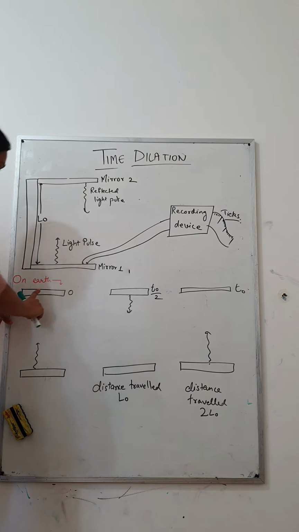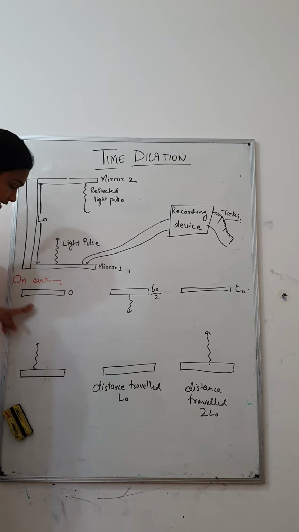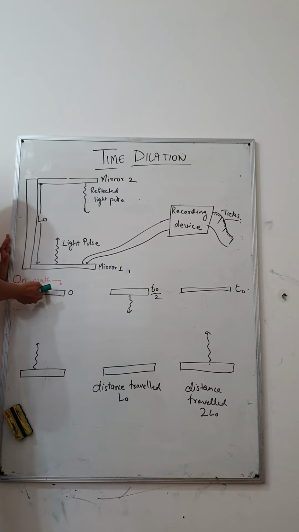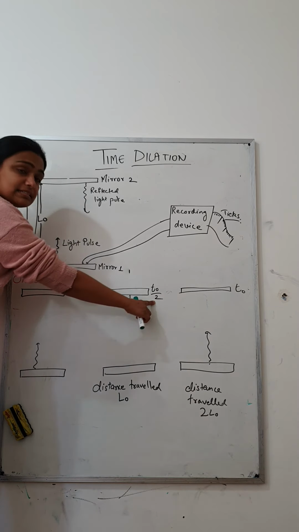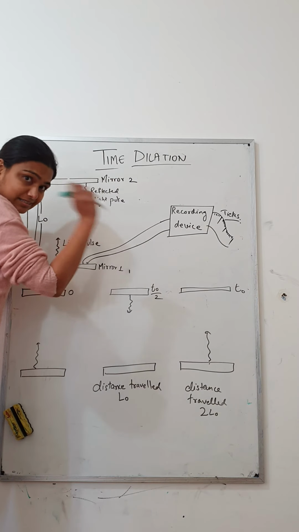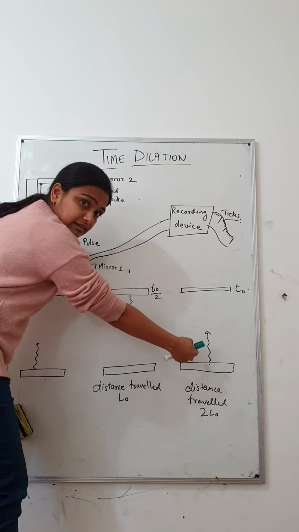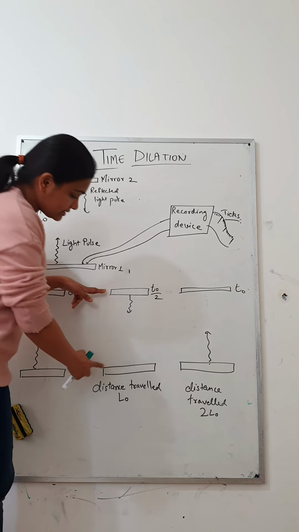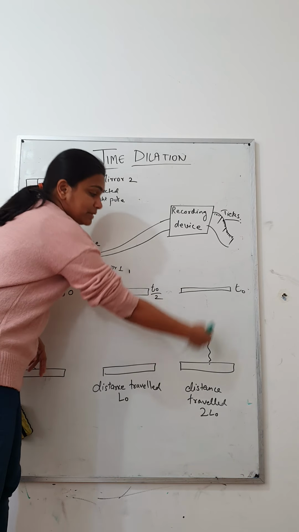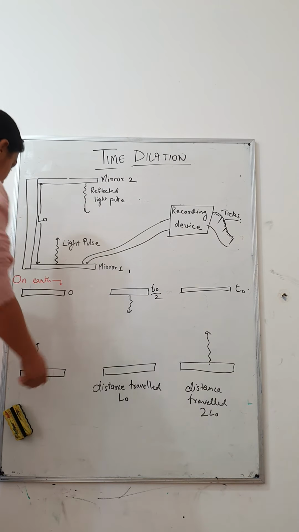Let's say this is mirror 2 and this is mirror 1. The light pulse starts and hits mirror 2 at time T0 by 2, because the time for a tick is T0 when it makes a round trip. The main thing to note is that the distance traveled in this part will be L0. When it makes a round trip, the distance traveled will be 2L0.